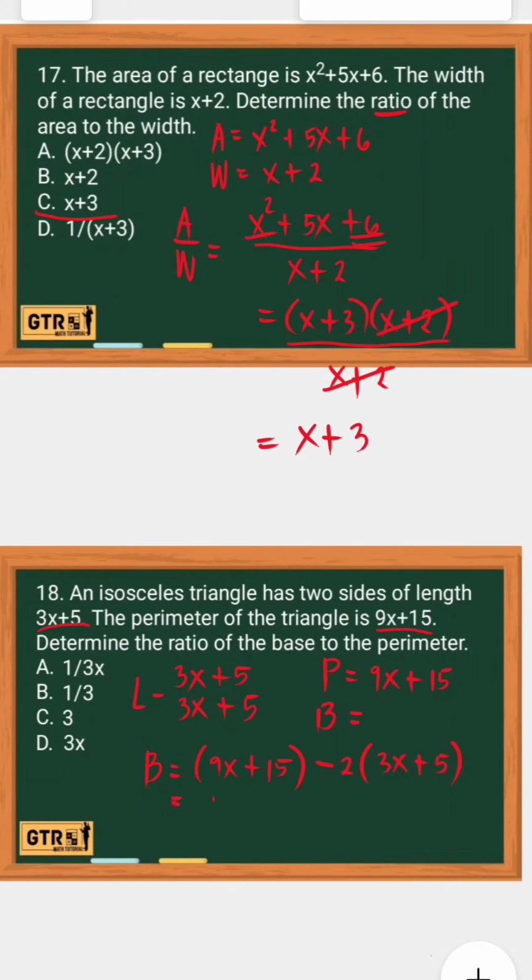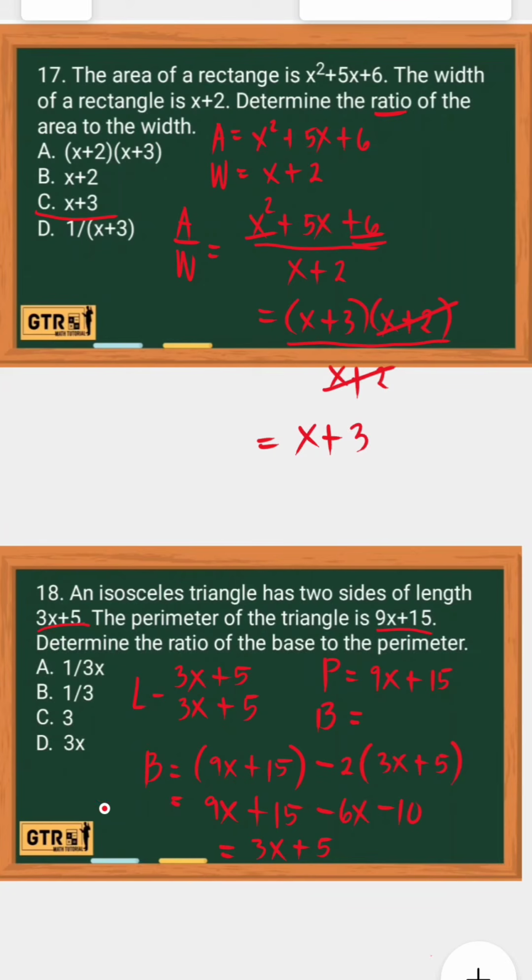So we have 9x plus 15. Distribute negative 2 to 3x and 5. Negative 2 times 3x is equal to negative 6x. Negative 2 times positive 5 is equal to negative 10. Combine like terms: 9x minus 6x is equal to 3x. Then 15 minus 10 is positive 5.